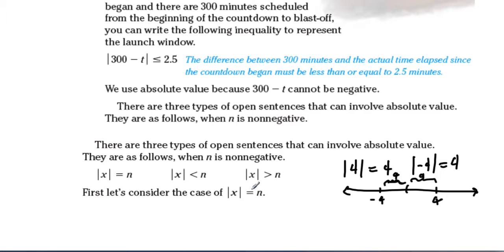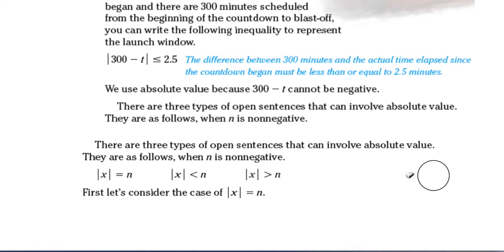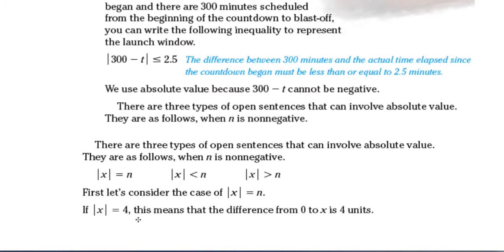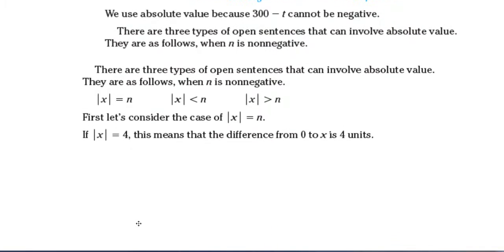Let's see why that is the case. So if the absolute value of x is 4, this means that the difference from 0 to x is 4 units.